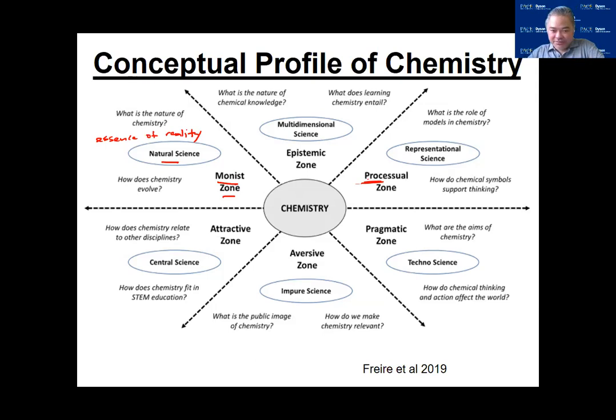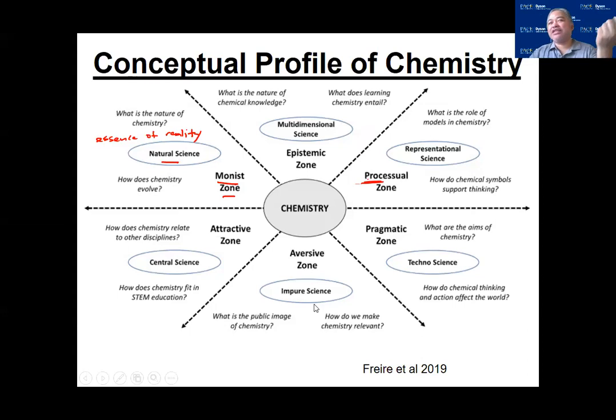Now, the other aspect of what we call the conceptual profile is the aversive zone. So this is, we could say, the impure science. And unfortunately, we have a negative connotation or impression, not only of chemistry, but of course of science right now.